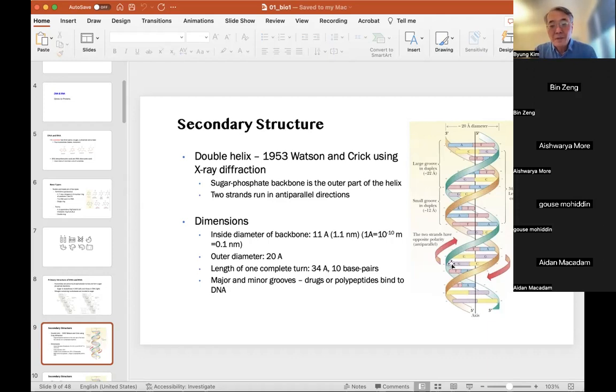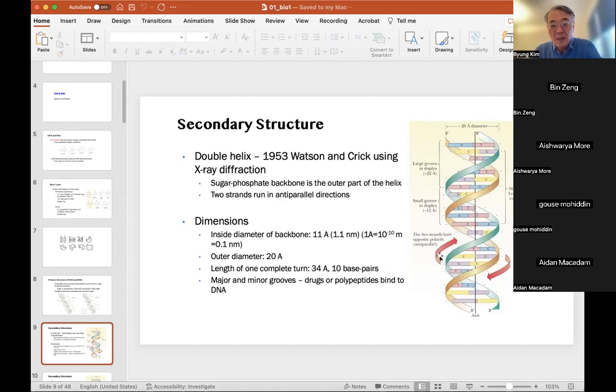And if you go from one place to the next around a complete turn, it usually contains about 10 base pairs, and the length is about 34 angstrom.